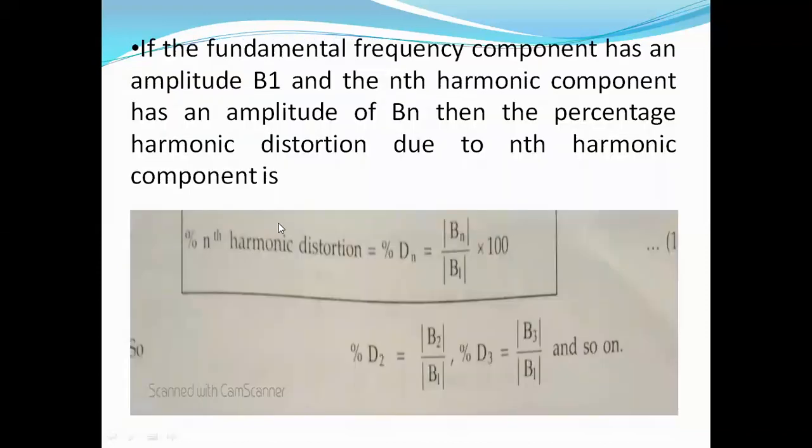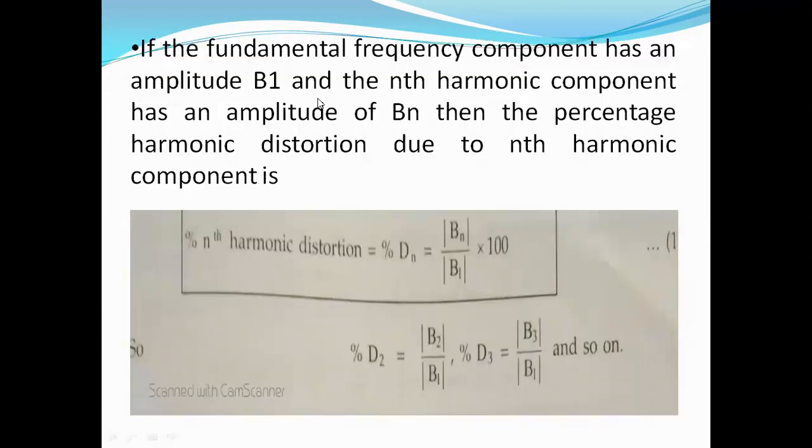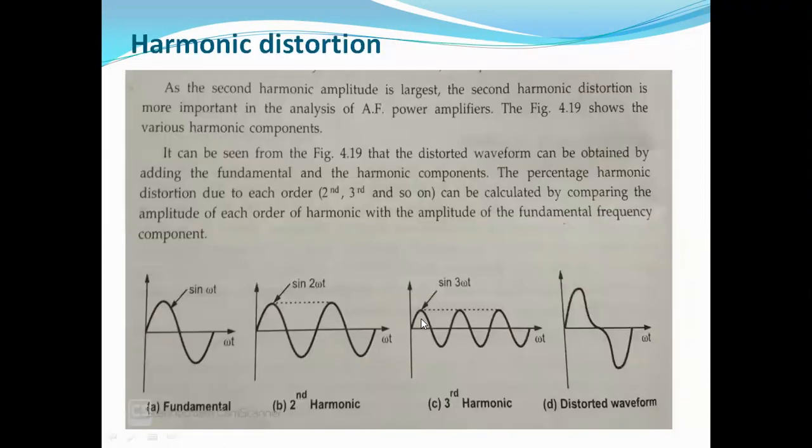Next, let us consider that the fundamental frequency component has an amplitude b1, and the nth harmonic component has an amplitude of bn. The nth harmonic component means second harmonic, third harmonic, fourth harmonic, and so on.